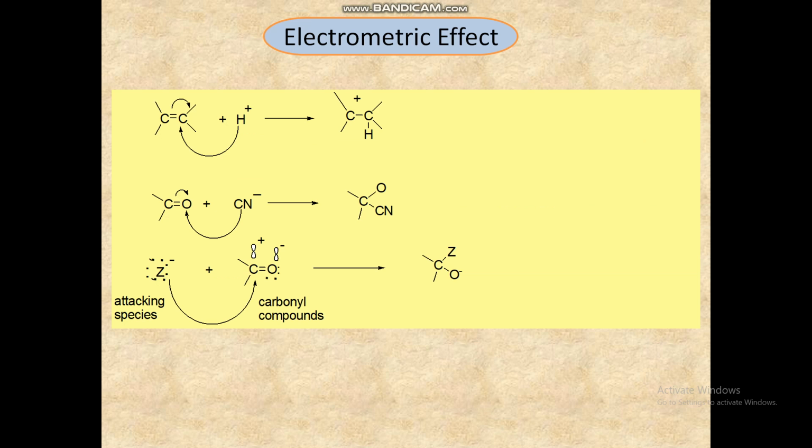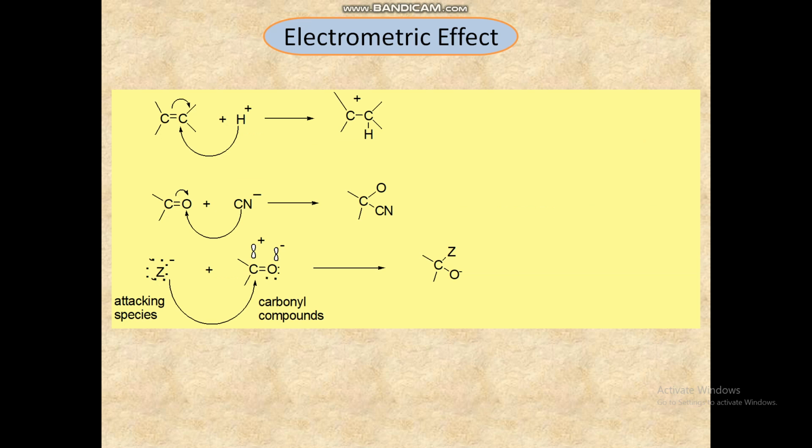So the molecule becomes polarized for a time, as long as the attacking reagent is present. When the reagent is removed, the polarized molecule comes back to its original state. So there occurs an intramolecular electron displacement.